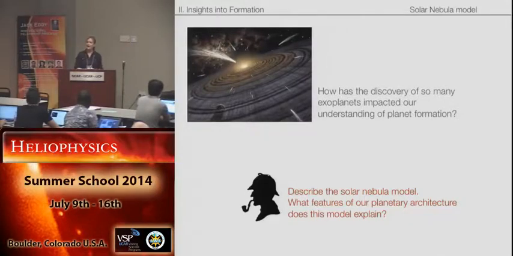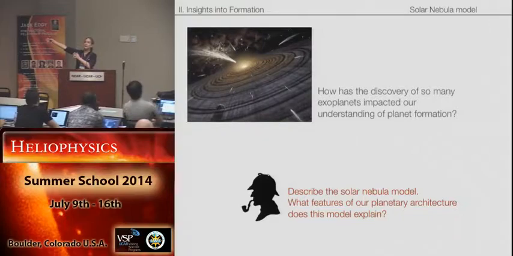Okay. How about, what are some of the features of it? Oh, right. The rocky planets are close in the inner regions, and that's because it's hot there, right? And so you expect that only refractory elements will survive in the inner part of the disk, and the gas giant planets form further out beyond the so-called ice line, right?